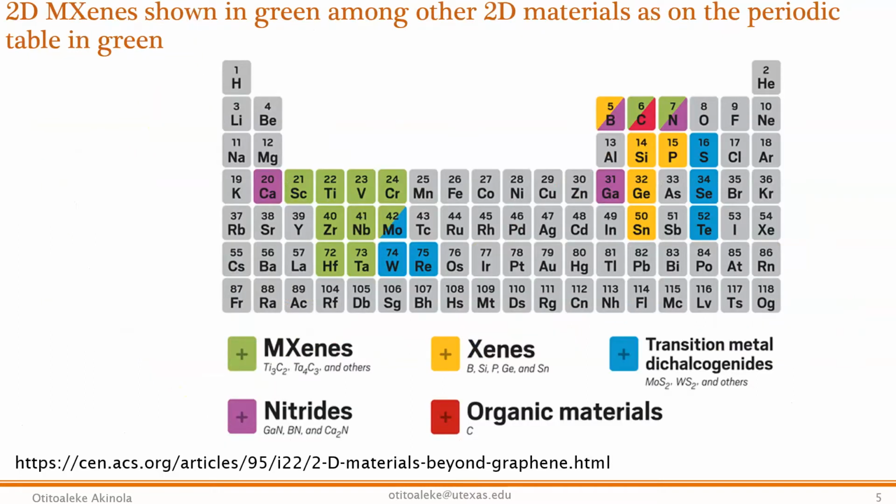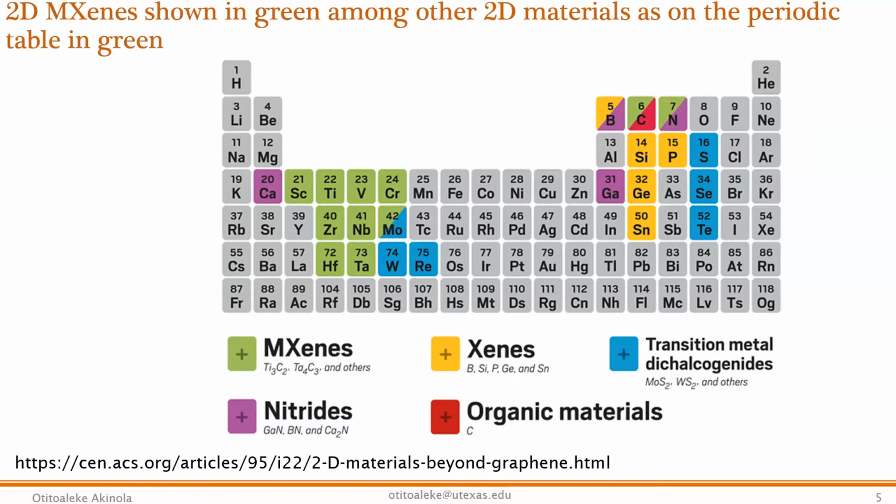So here we'll present the periodic table of elements, and we show the place where MXenes hold. In green here you see transition metals, which are one of the elements of the MXenes, and then we have carbon and nitrogen, which is one other major element of MXenes.